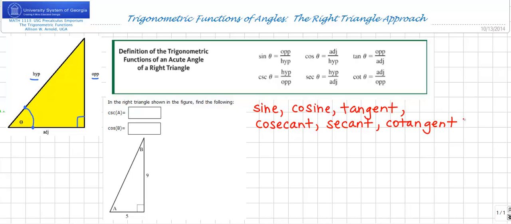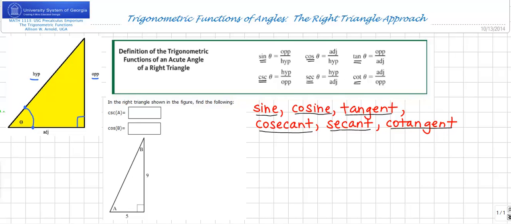As far as abbreviations go, we call the sine function by the abbreviation SIN, and cosine by COS, and tangent by TAN, cosecant by CSC, secant by SEC, and cotangent by COT.